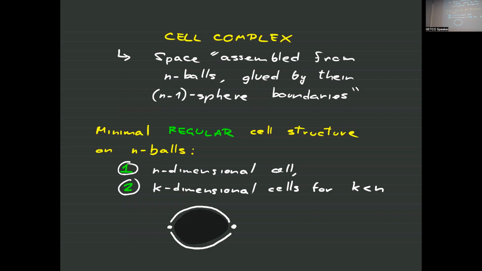And this is an example for the two-dimensional ball, the disk, where you have this dominant region, a single two-dimensional cell, and we have two one-dimensional cells, two zero-dimensional cells.